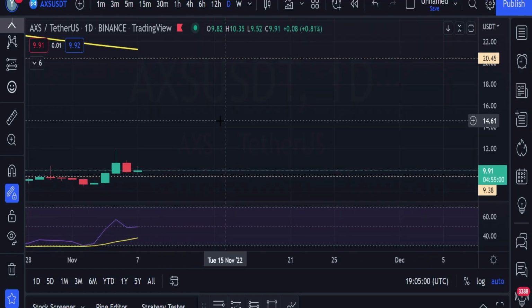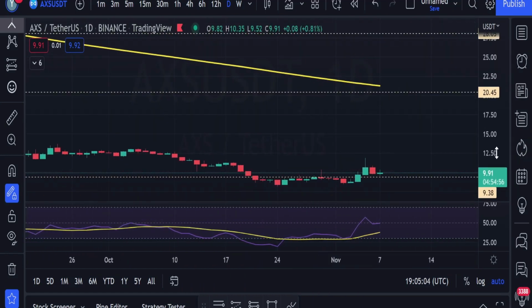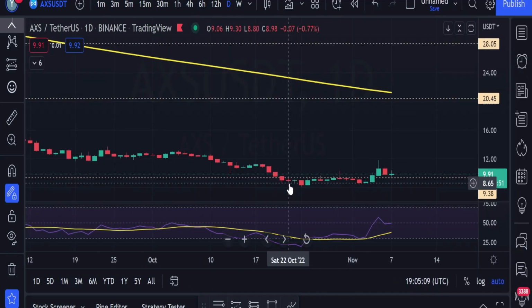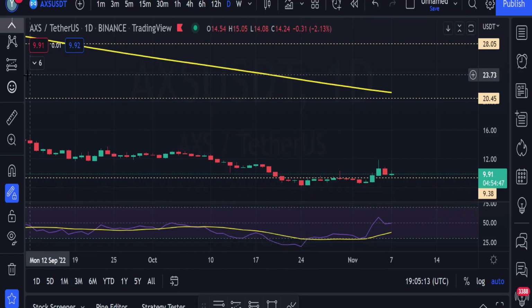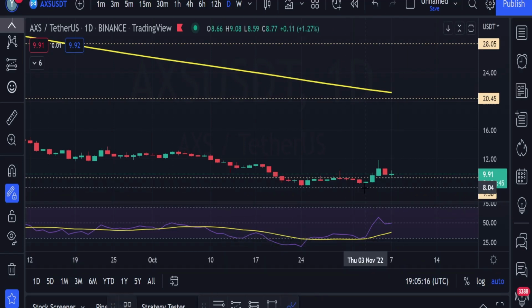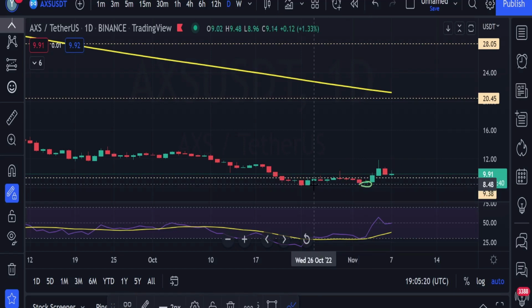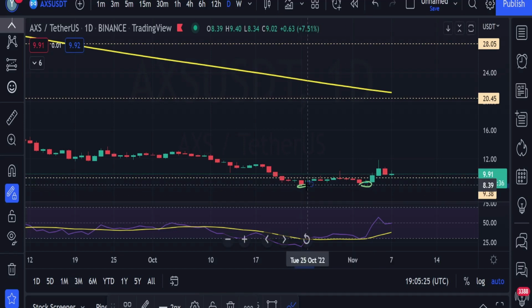What are we seeing on the daily? Yeah, the daily story is beautiful. See, this low is higher than this low, let me indicate it here. This low is higher than this low, which is a higher low.